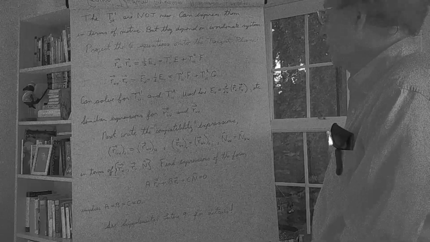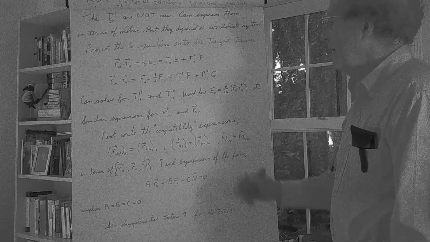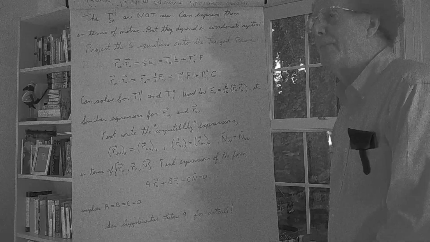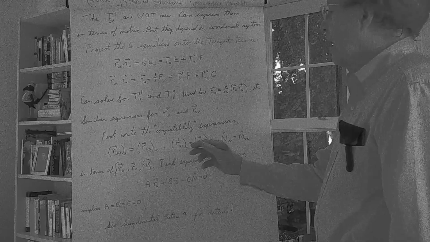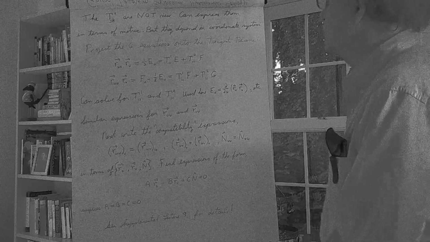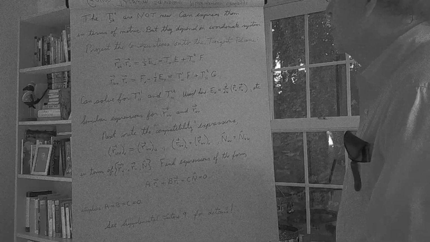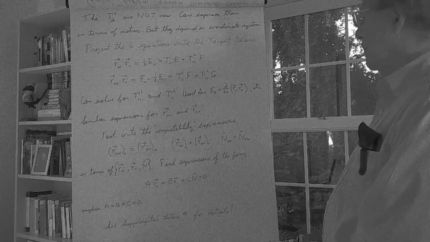Okay, I can do them in any order, so I have to have compatibility. The compatibility is not so obvious in these expressions because I've broken up the space into a tangent space and a normal space. So I parameterize my tangent space in a particular way, and so these are going to be compatibility expressions between those parameterizations.